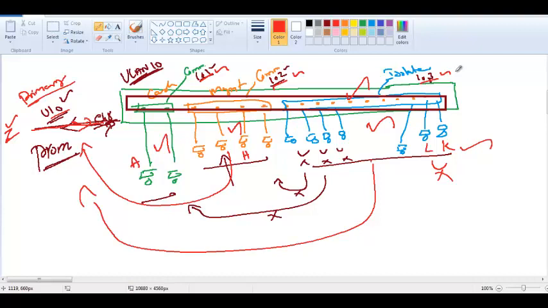So basically, it is making the best utilization of VLANs instead of creating separate VLANs for each. We are creating sub VLANs inside a VLAN.